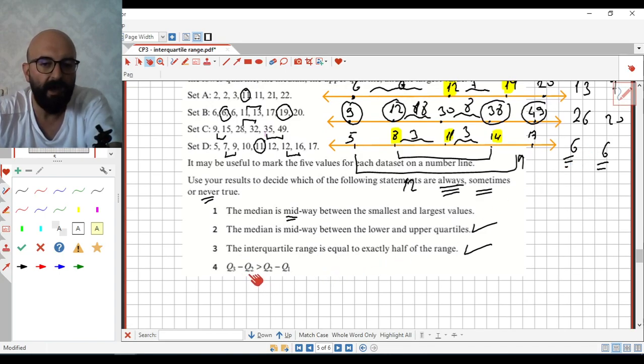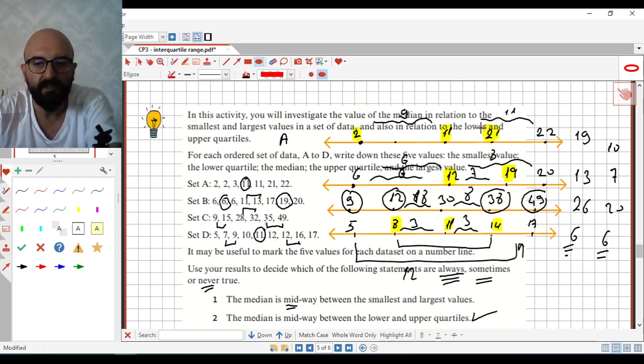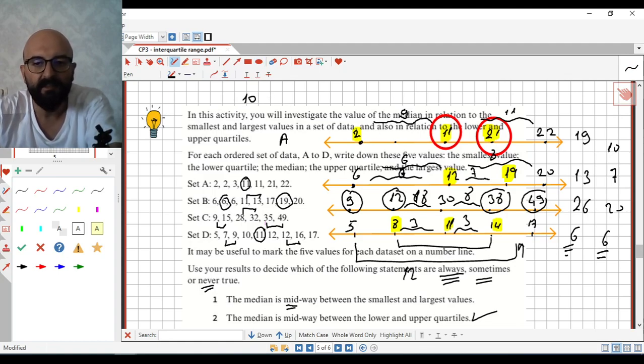And the fourth: Q3 minus Q2 is greater than Q2 minus Q1. For the first data set A, Q3 minus Q2 is 10 and Q2 minus Q1 is 9, and this is true. For the second, Q3 minus Q2 is 7 and Q2 minus Q1 is 6, this is true.